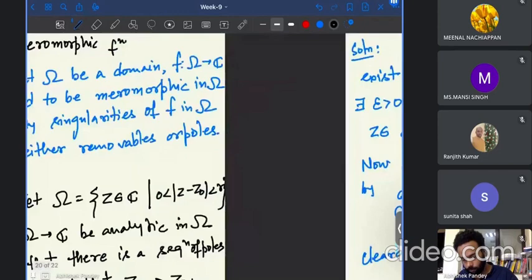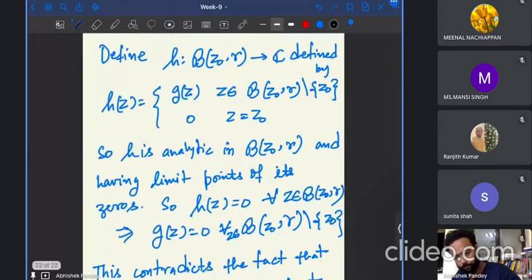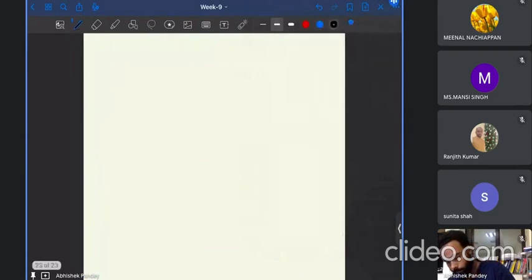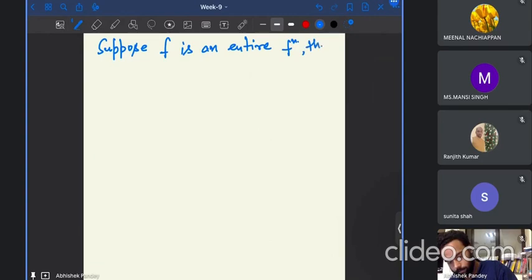Okay, so we will move towards the next problem. Next problem is, okay, so suppose f is an entire function, then e to the power f of z is also entire, isn't it?